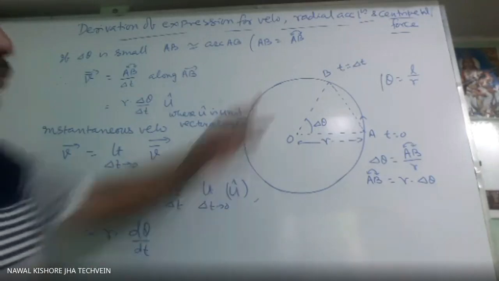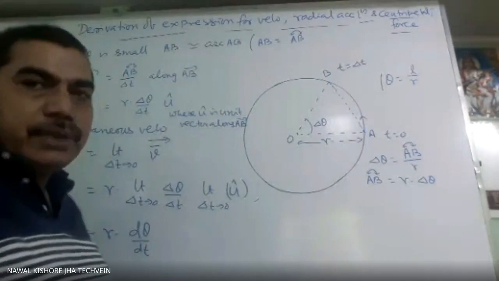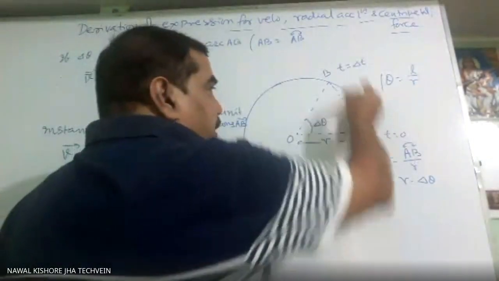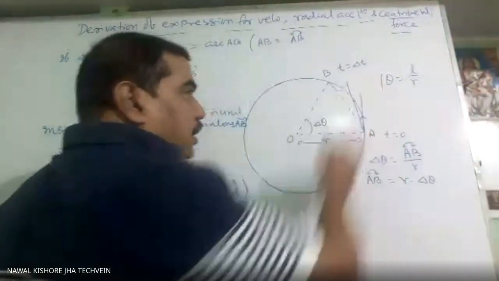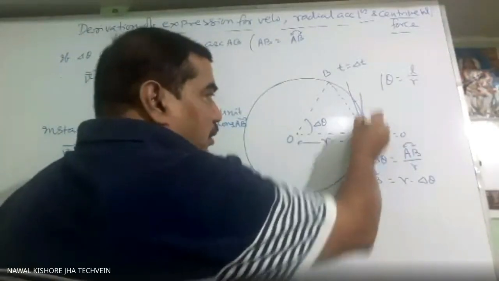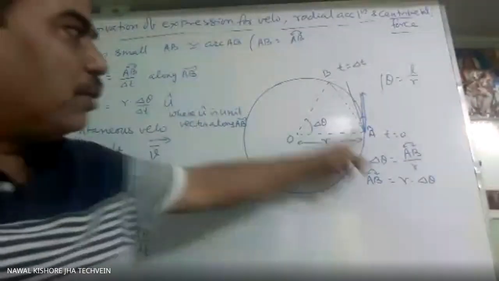Now when B is very close to A, what is the direction of AB? See, when B is coming here, AB is in this direction. When B has come to this place, AB is in this direction. When B has come to this place, this is the direction of AB. What do we call this direction?